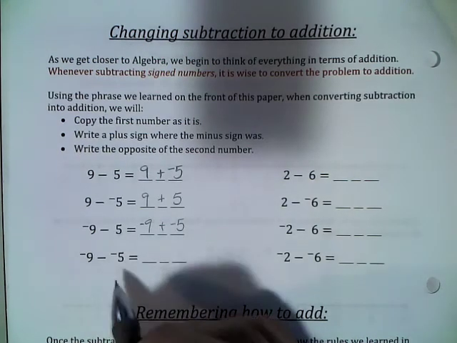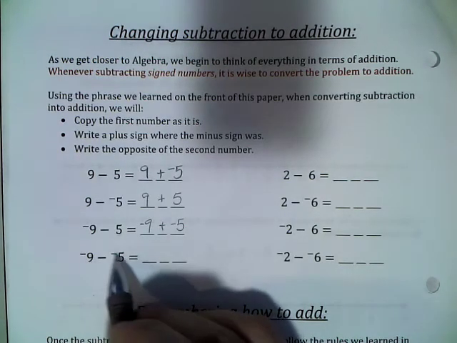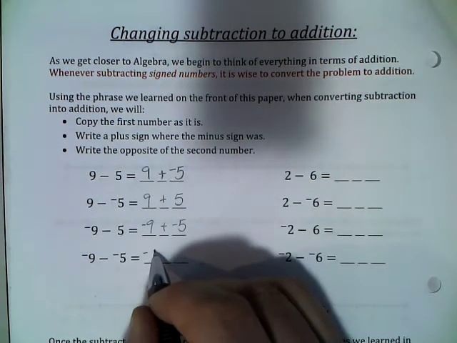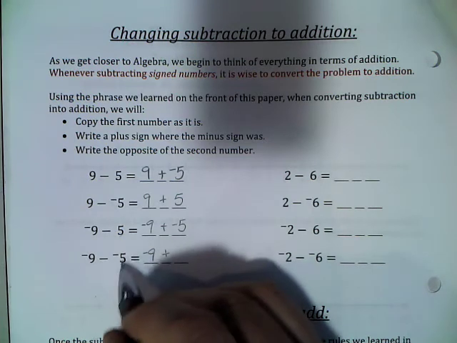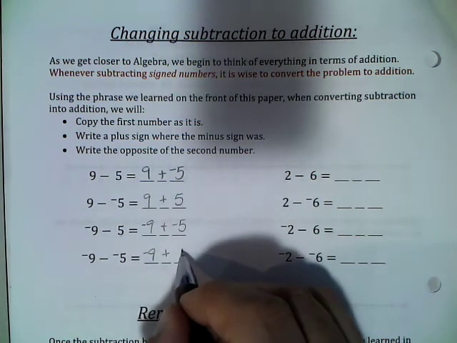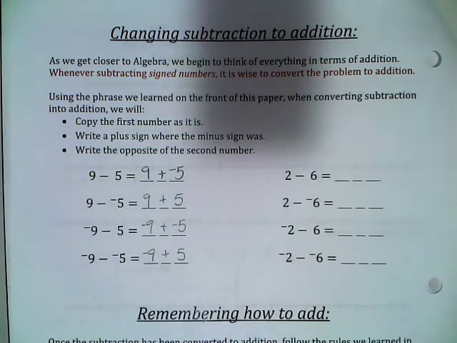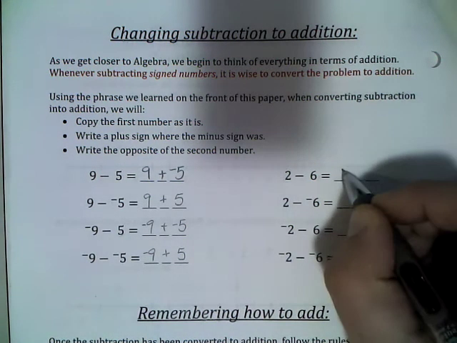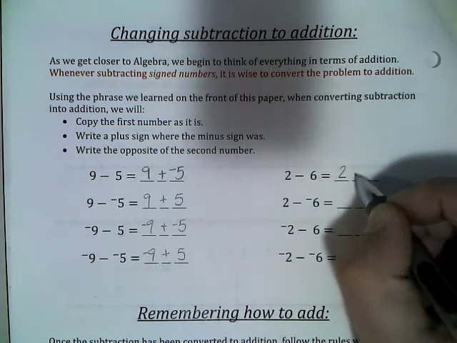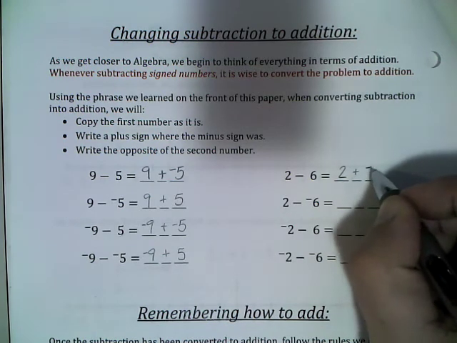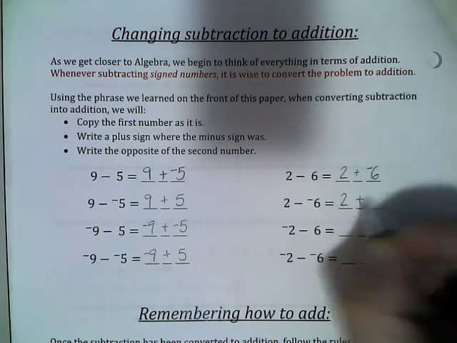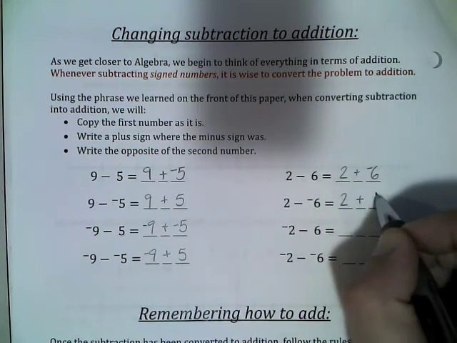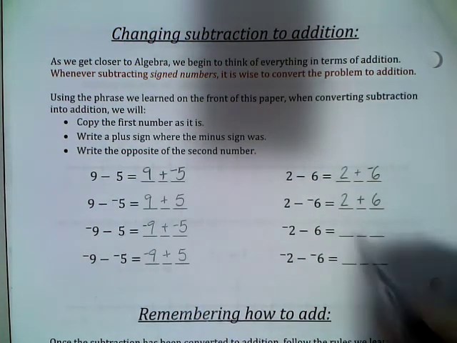Down here, negative 9 minus negative 5. We're not talking about the first number, so it stays the same, but then plus its opposite. So the opposite of negative 5 is a positive 5. Over here, this will be 2, and then plus the opposite of positive 6 is negative 6. 2 plus the opposite of negative 6 is a positive 6.